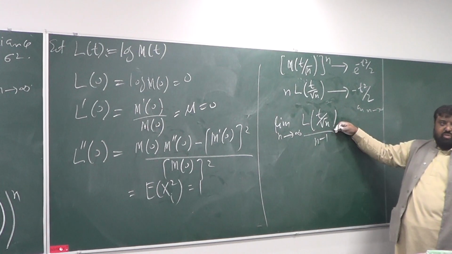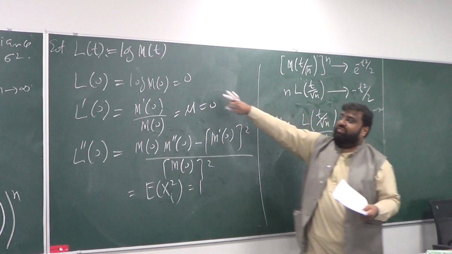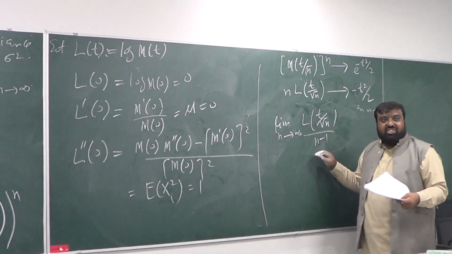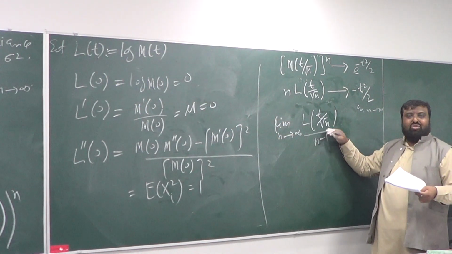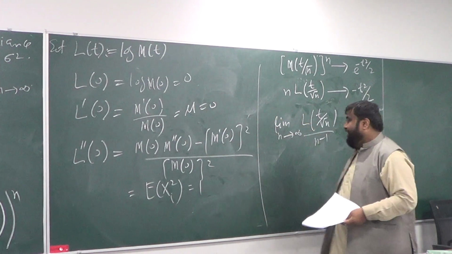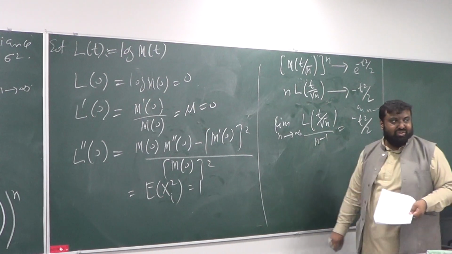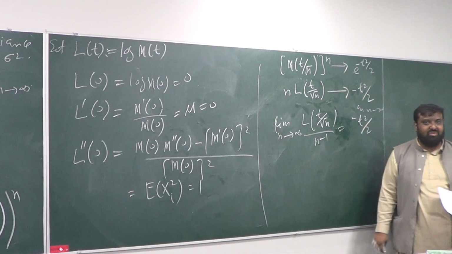So you use L'Hopital rule once, and you will see you are still in trouble, so you use L'Hopital rule again. So you will see that this is basically minus t square over 2. So I'm not doing it. See it from the top.